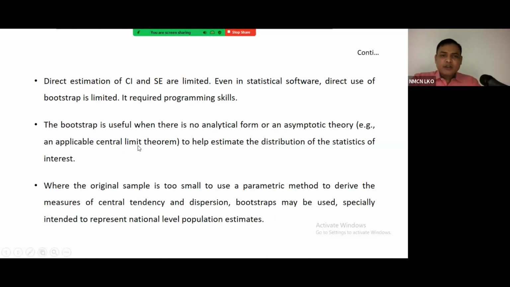Direct estimation of confidence intervals and standard errors is limited. Even in statistical software, direct use of bootstrap is limited, and it requires programming skill.